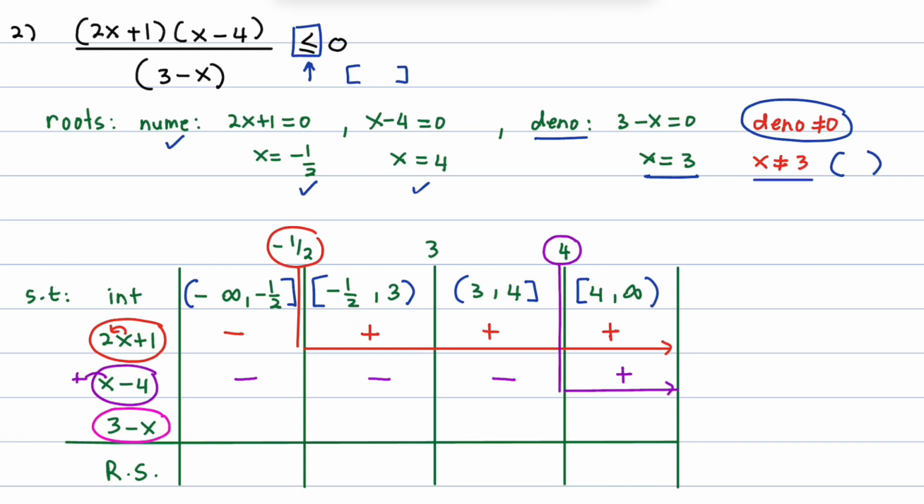So 3 - x, your zero is 3. Now bring it down. Now to your right, what is going to be the sign? If you look at the sign for the x, this is going to give you a negative sign. So to your right, you should have a negative sign. Now the rest behind it will be positive.